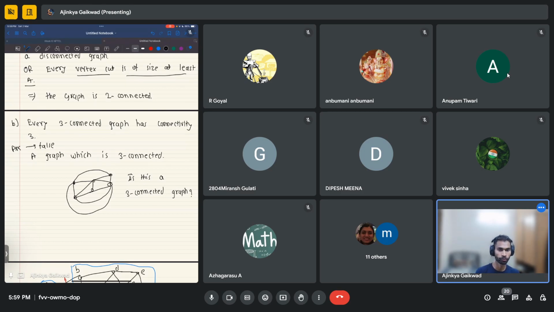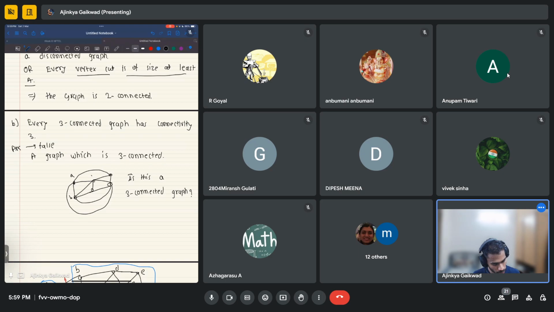If you can find two or less than two vertices whose removal will disconnect the graph, then it will not be a three connected graph. If you cannot find it, then it is a three connected graph.